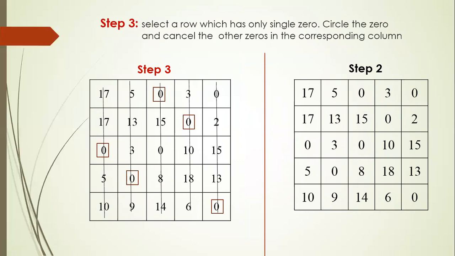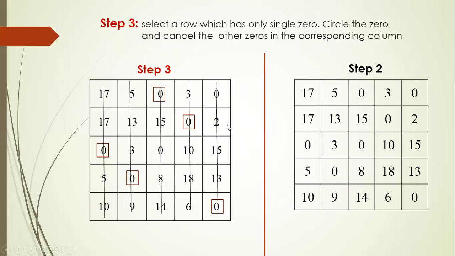So first, which row has a single zero? First we have to check which row has a single zero. First priority goes to row wise only.